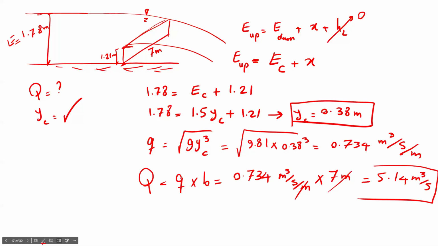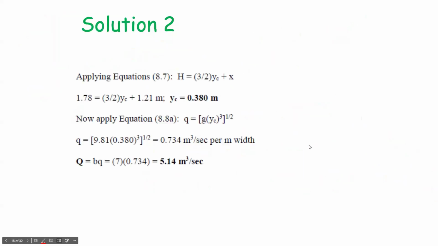Just don't study, solve the problem. Hold the pen and try to solve it. When you start writing, you will find what's wrong. But if you just say, okay, this is a stilling basin, I know what to do with that, probably you will not find the details where you have problems. So at least for each section, solve one problem. Really solve it, not just scan it. And that's the one that I posted for you.